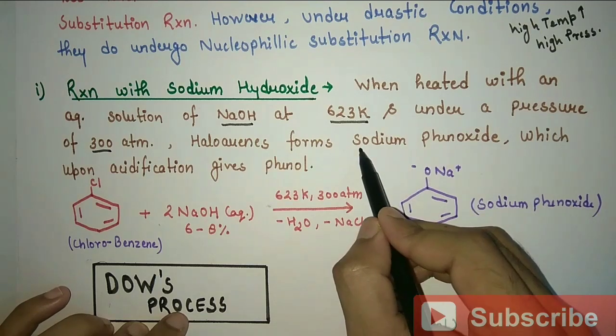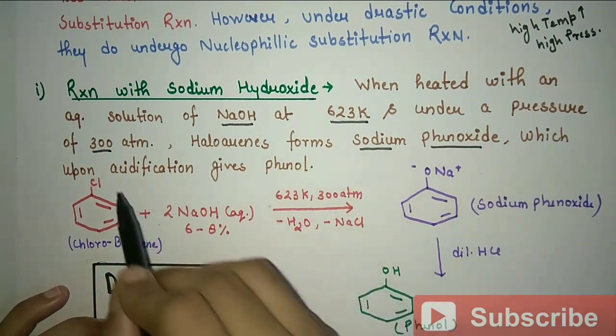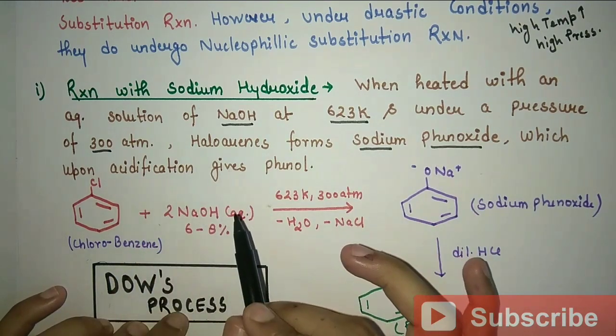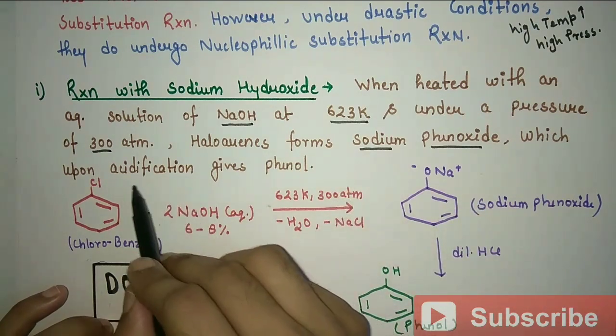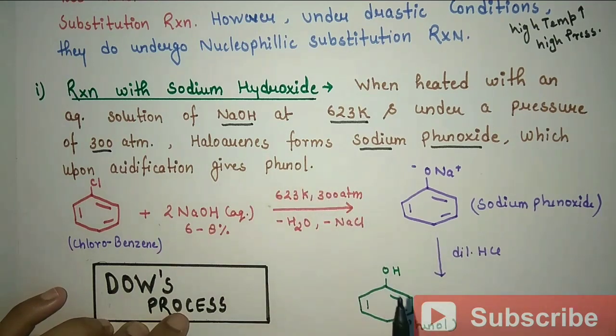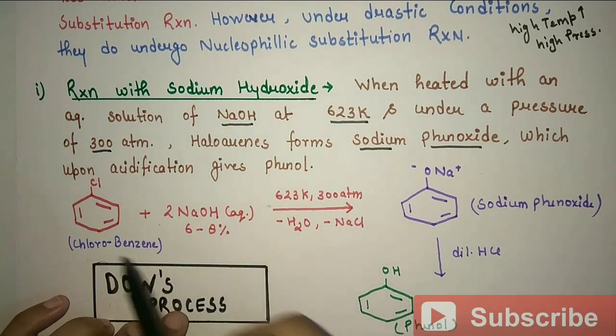Upon acidification with dilute acids, just like dilute HCl, it gives phenol.